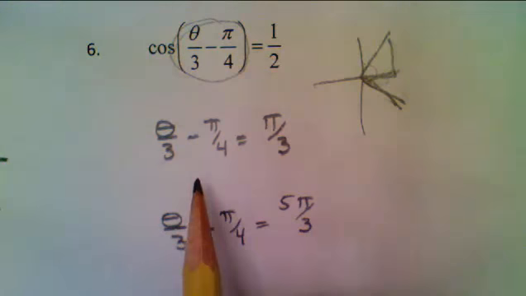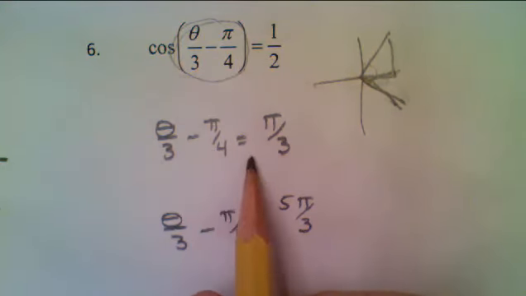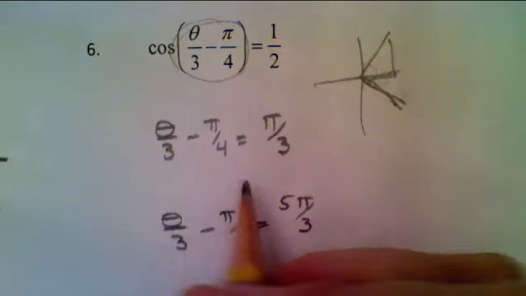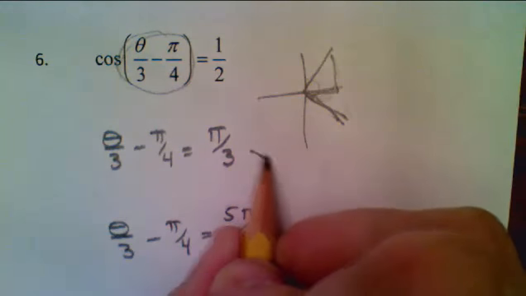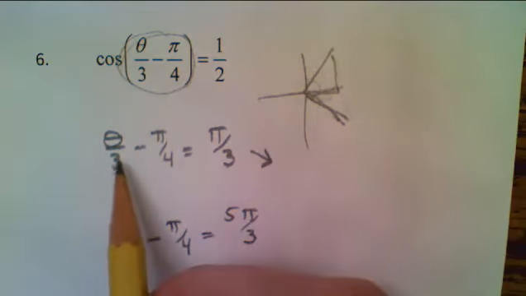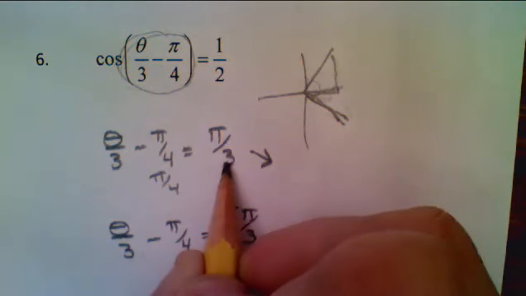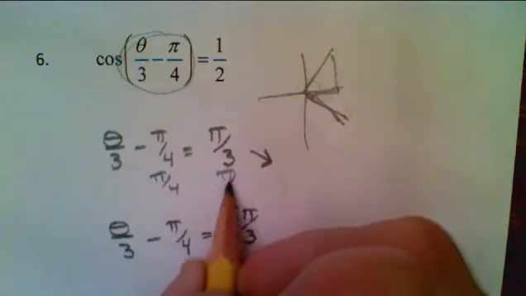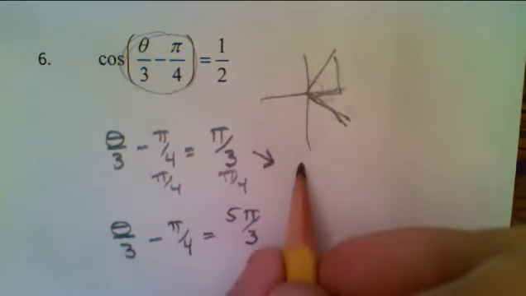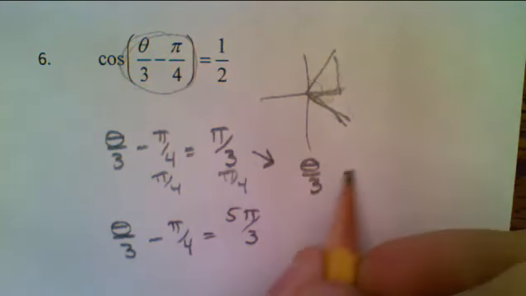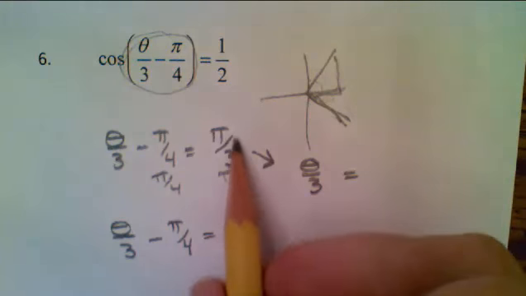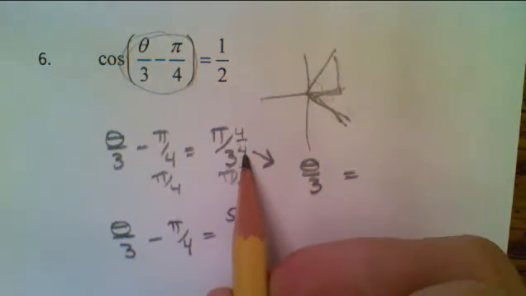Alright, so how do I solve? Here I need to add pi over 4. So let me do that over here. When I add pi over 4, I've got to get a common denominator, which means I would have theta over 3. This would be in twelfths. This would be 4/12.